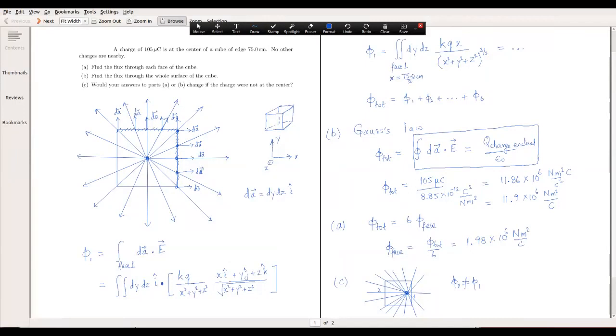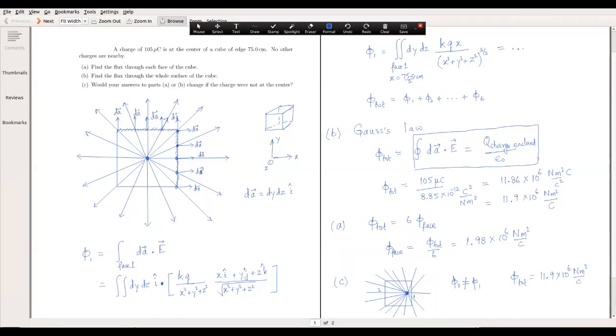But even in this scenario, the total flux remains the same. Total flux is equal to the total charge enclosed divided by epsilon naught, which is still 11.9 into 10 raised to 6 Newton meter square over coulomb.